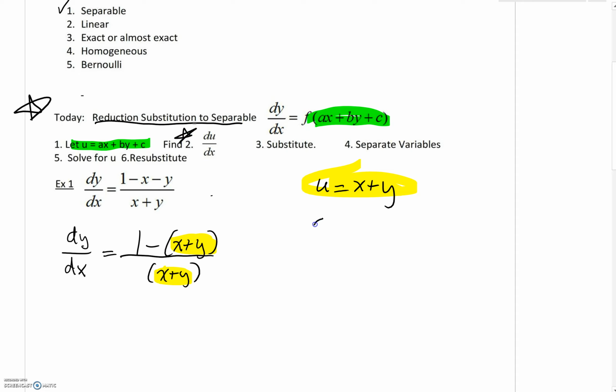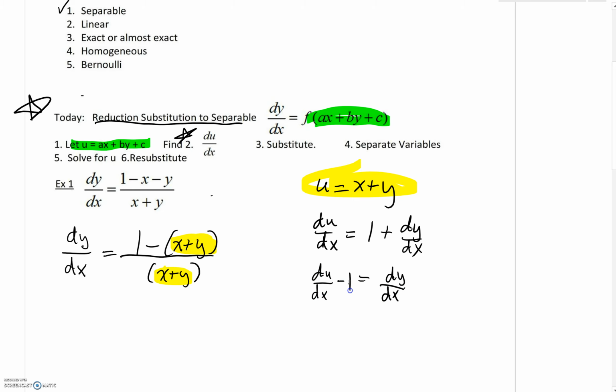And then find your du dx. Well, du dx, we're going to take our derivative with respect to x. The derivative of x is just a 1. And then we have a dy dx. Tell you what, I'm going to solve for dy dx. You might think, well, why are you doing that?